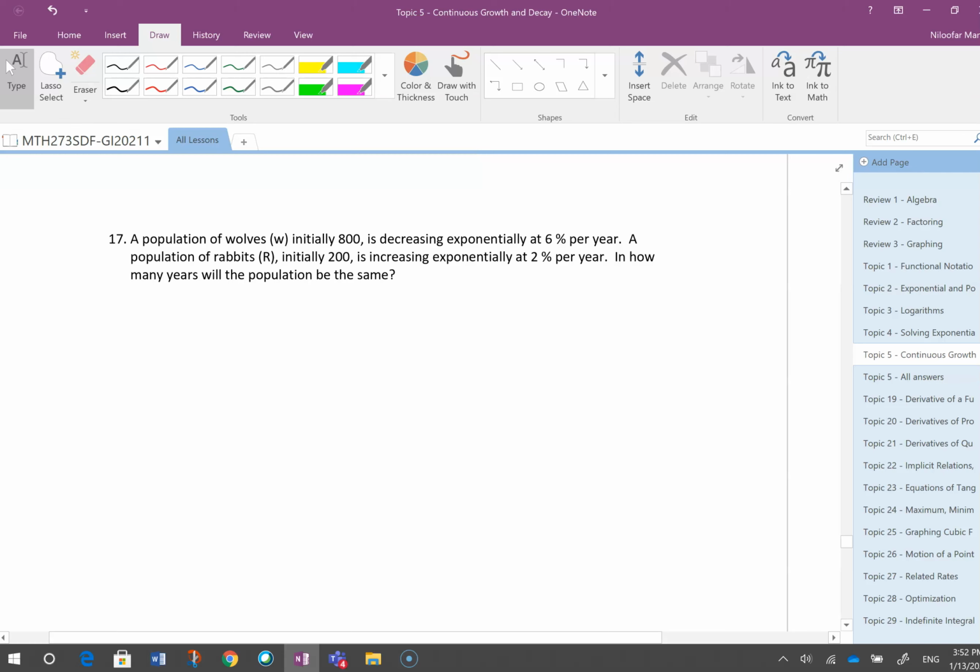I can underline that. So 17.3 years is the answer. After 17.3 years, the number of rabbits and the number of wolves are the same. Remember, one of them starts at 800 and goes down, and one starts at 200 and goes up.